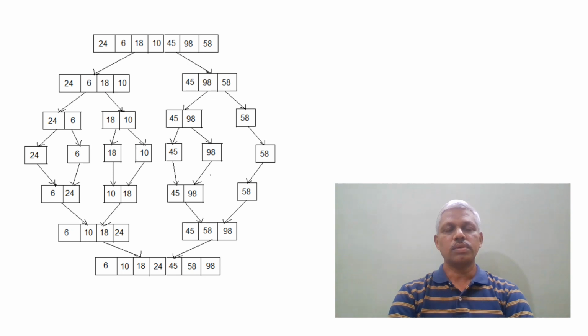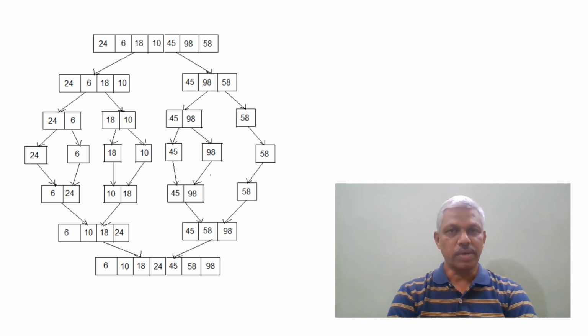By this time, the division process is completed, where every time the array is subdivided into smaller and smaller subarrays. At this stage, there is no further division. Now we will go for the merge process. In the first merge, 24 and 6 are two subarrays, and we need to merge them.